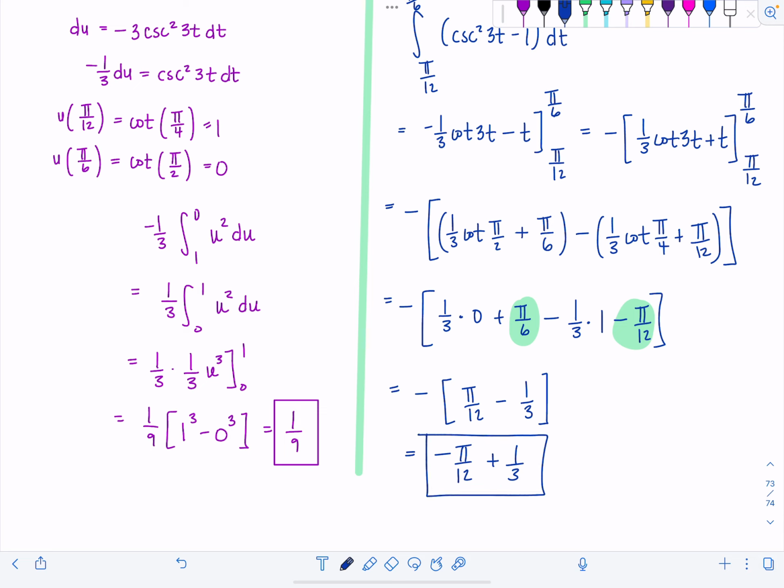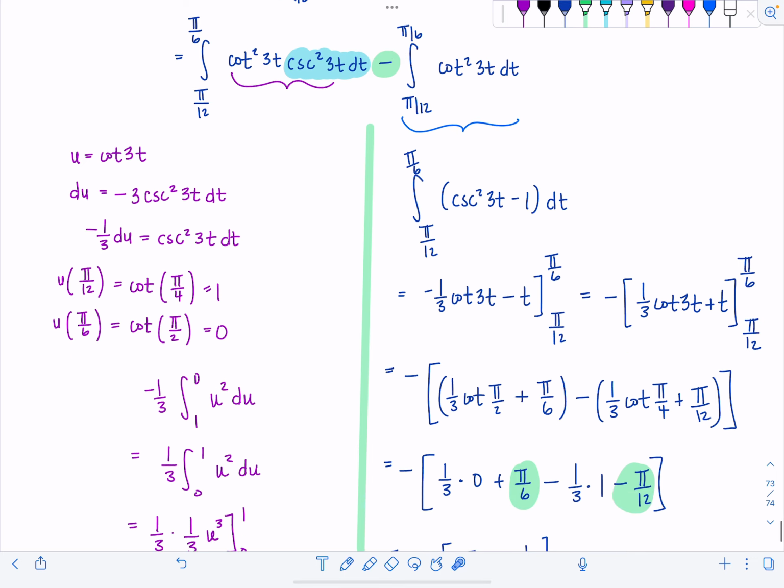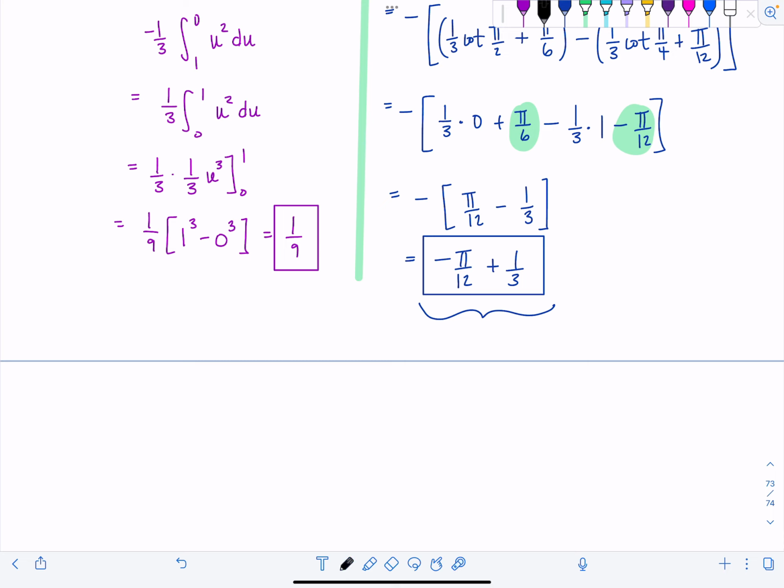Okay, what do I do with these two? I subtract them, right? So this is the result from the second integral, which was being subtracted from the first one. So putting it all together, we've got 1/9 minus negative pi over 12 plus 1/3.